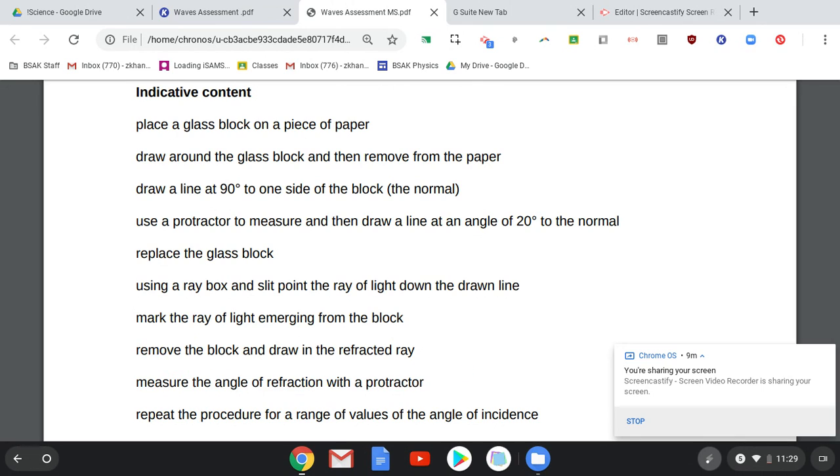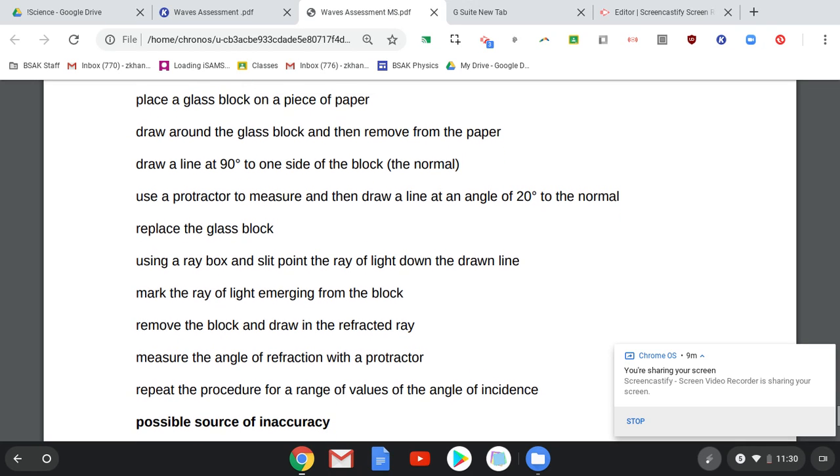That will give you your refracted ray, and then measure the angle of refraction using the protractor, and then repeating these results for all the others. That's possibly 10 marking points that you could have got.